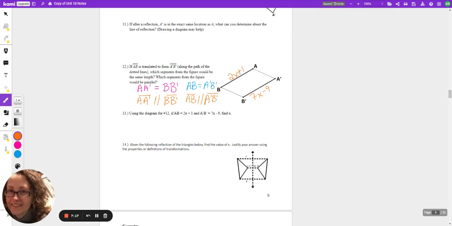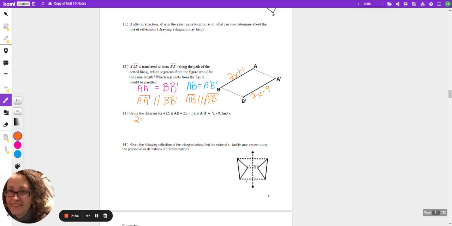Now in the previous problem I had said if AB was 7 inches, A prime B prime would also have to be 7 inches. We know that those two have to be the same because our original has to be the same size and shape as our new image if we are looking at a translation.